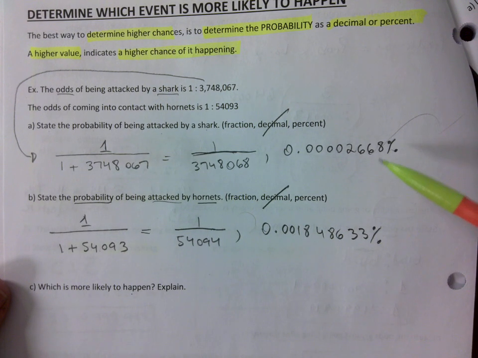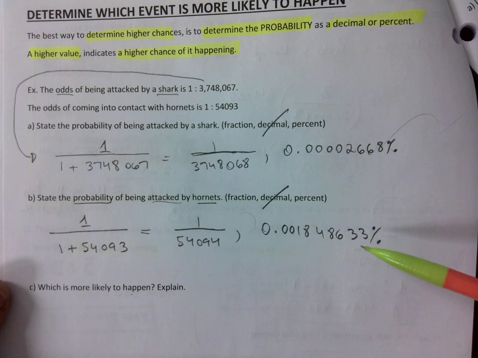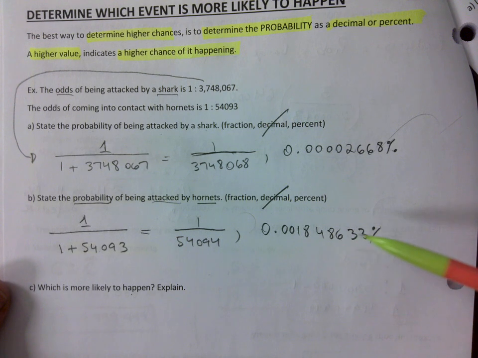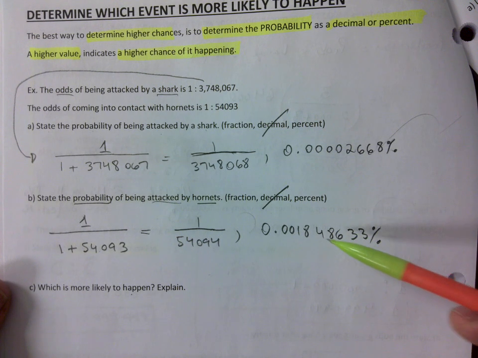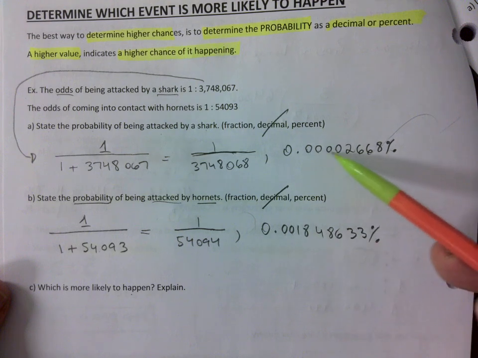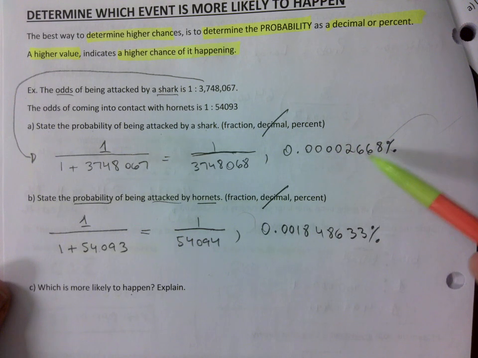But which one is more likely to happen? This one, right? This one is a bigger number. It's only got 2 zeros here. This one has 4 zeros. So this is a way smaller chance. So bigger chance, right?